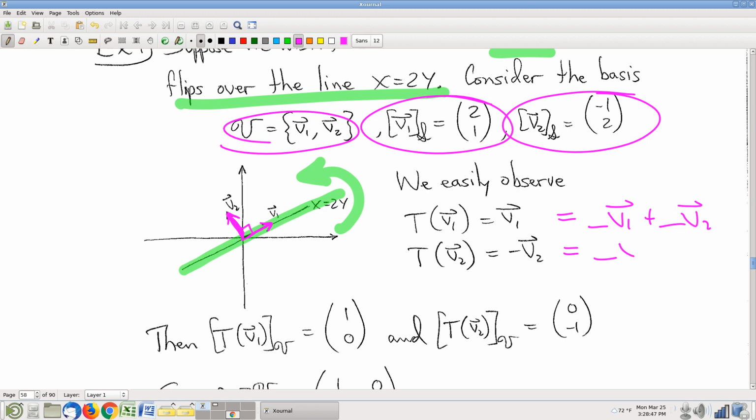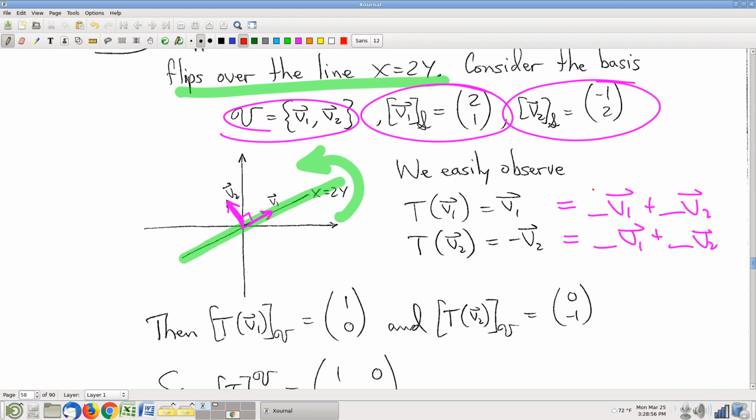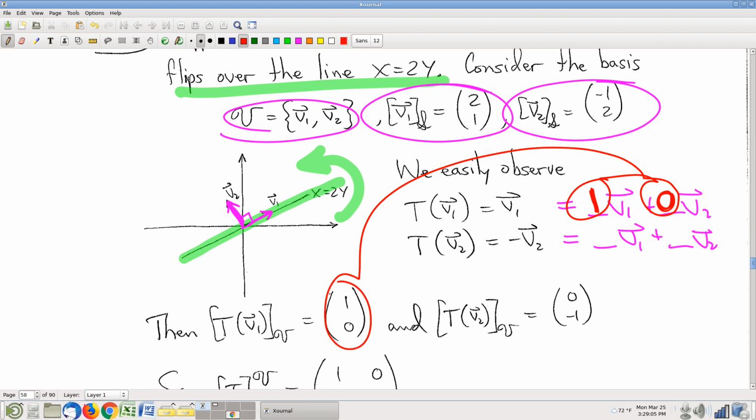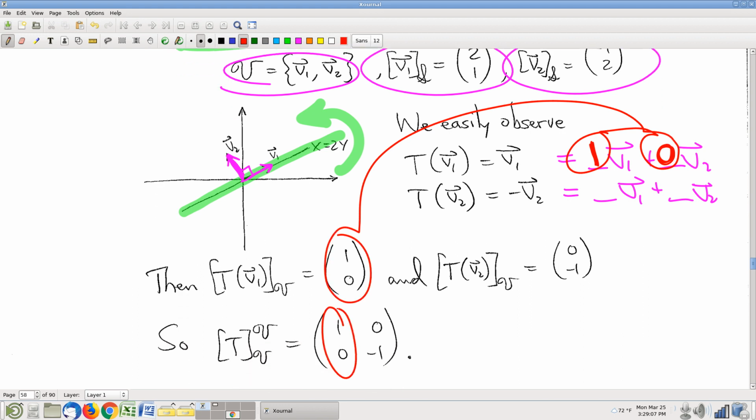What are these coordinates here? And I think it's not hard to persuade yourself that T of V1 is 1 V1 plus 0 V2. And these numbers, 1, 0, then become my first column.